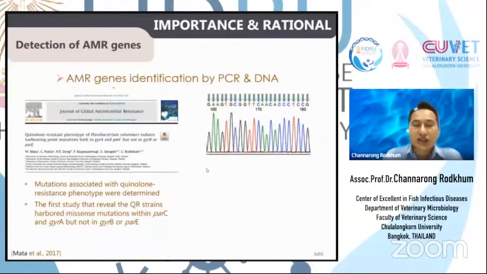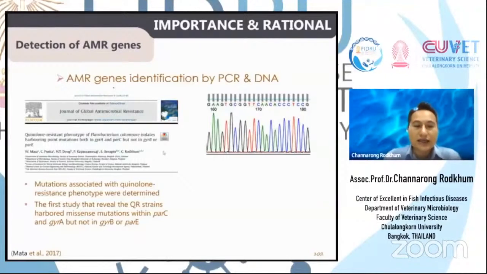For AMR genes, you can identify them by PCR and DNA sequencing. For gyrA and parC in Flavobacterium columnare, they have been identified before by Mata et al., 2018. We found mutations associated with the quinolone-resistant phenotype.